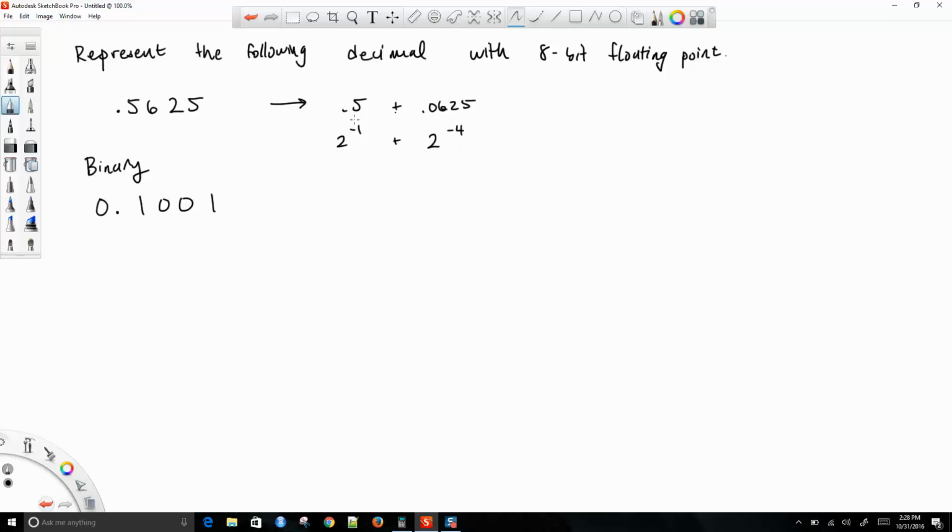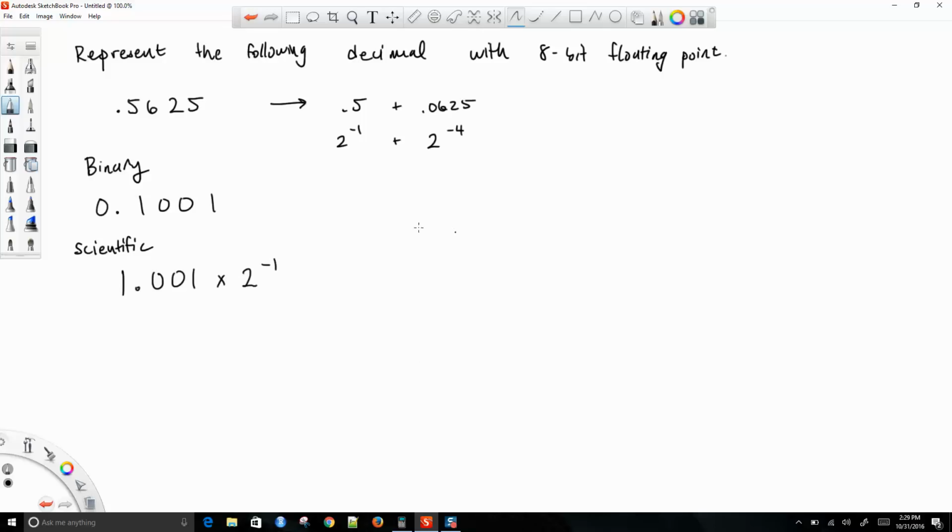Because it's 0.5 plus 0.0625, which is 2 to the negative 4. So this is what it is in binary. And then in scientific, what would this be? 1.001 times 2 to the negative 1.